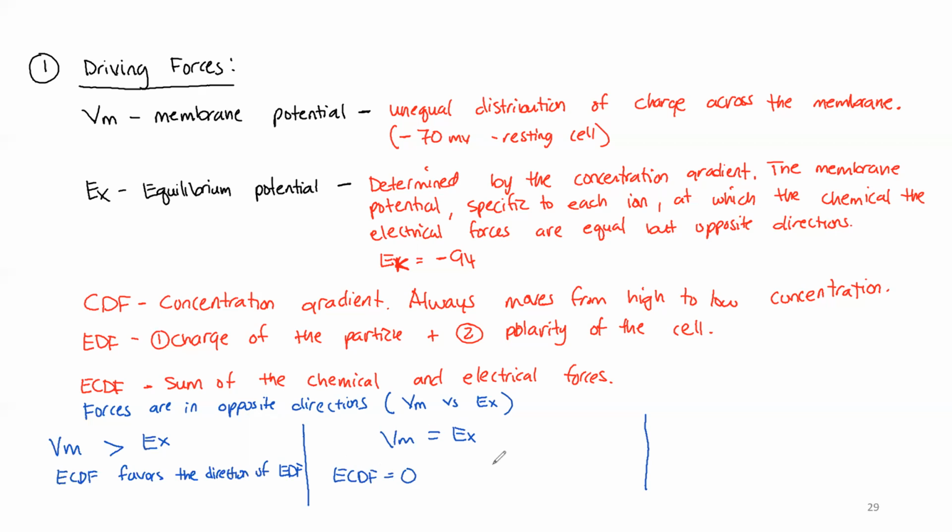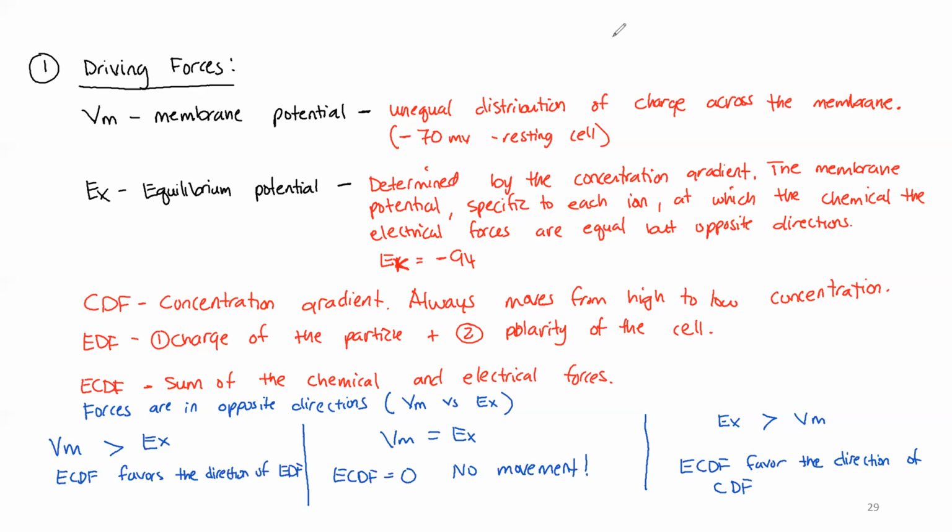In other words, no movement, the particle is at equilibrium. Okay, and then on the other end of the spectrum here, if the equilibrium potential is greater than the membrane potential, then the ECDF favors the direction of the chemical driving force, okay?